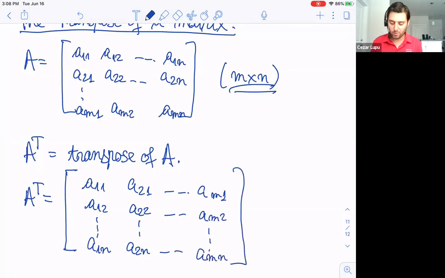As you can see, the main diagonal will stay the same. This will be of size n by m.